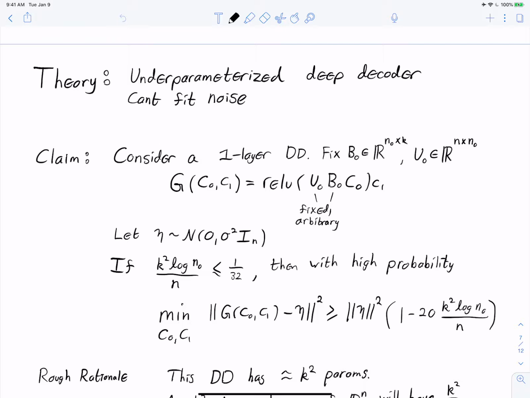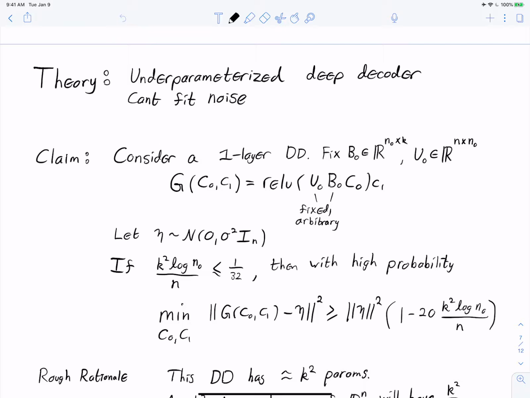In order to be consistent with the notation of the paper, let's call it capital G of the matrices C0 and C1, and this will be ReLU of U0, B0, C0 times C1. And here, again, U0 and B0 are fixed and arbitrary matrices. Now, in this claim, we're going to assume that eta is some noise image.